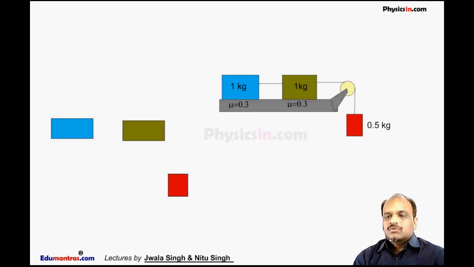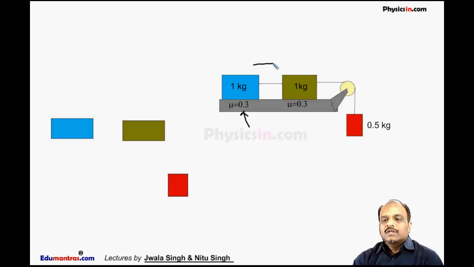Now suppose in this question, we increase the coefficient of friction between block A and ground and B and ground, let this now be 0.3. Now we don't know whether these two blocks are at rest or in motion. But we know if these two blocks will move, they will move only in the forward direction, this block in the downward direction.